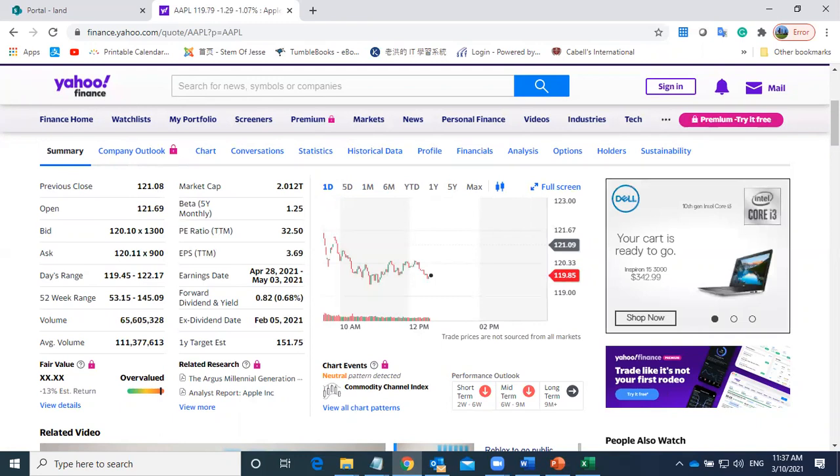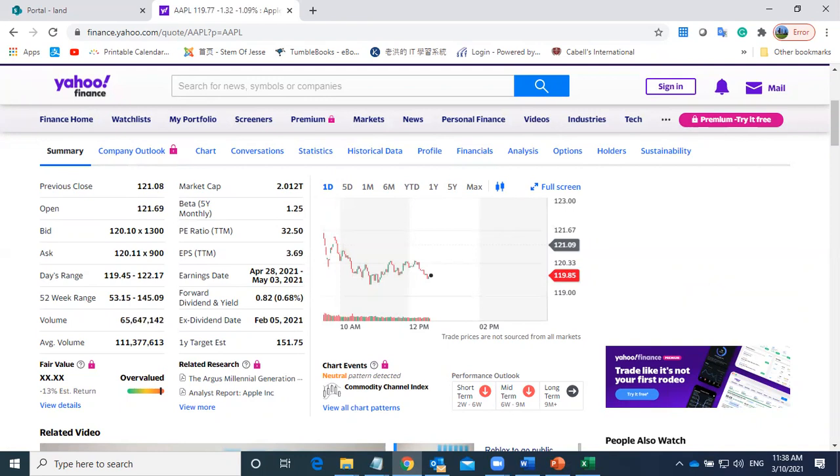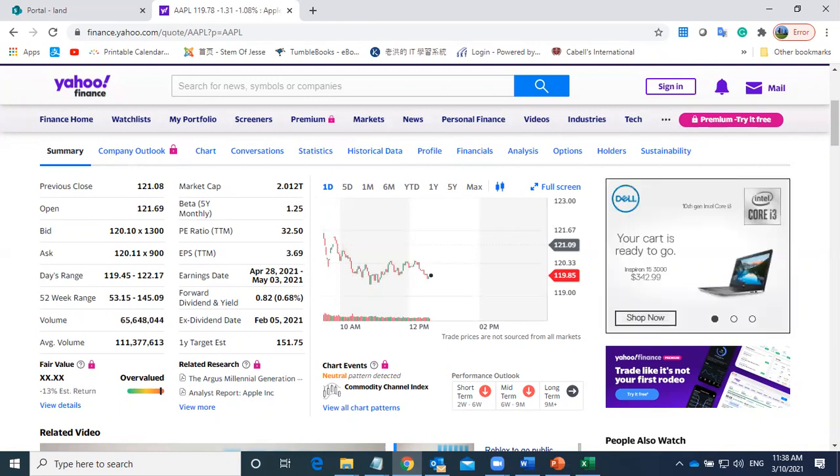The 5 years monthly is 1.25. You can also read open price, bid price, ask price, day's range. This is pretty straightforward, you understand, right?